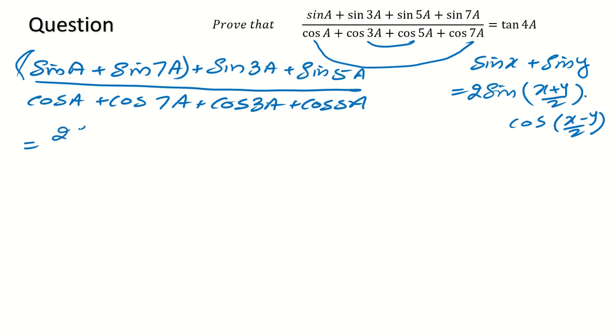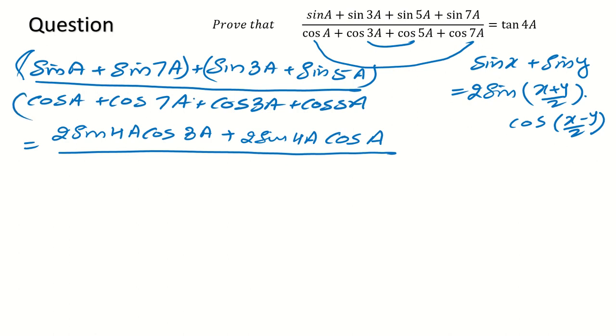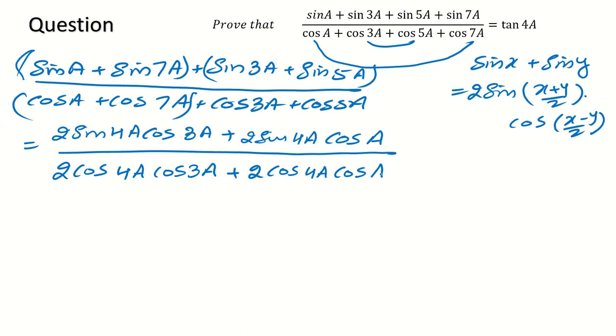So it will be 2 sine 4A, I am doing it a little directly, and then cos 3A, plus the same identity for this also, 2 sine 4A cos A, over, now cos x plus cos y identity will be 2 cos x plus y by 2 into cos x minus y by 2, plus 2 times cos x plus y by 2 times cos x minus y by 2.